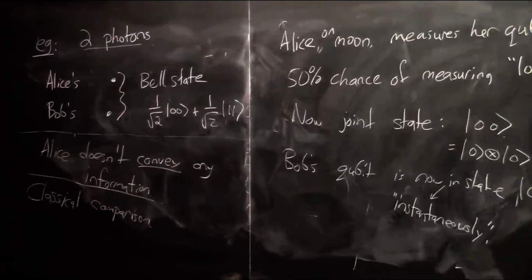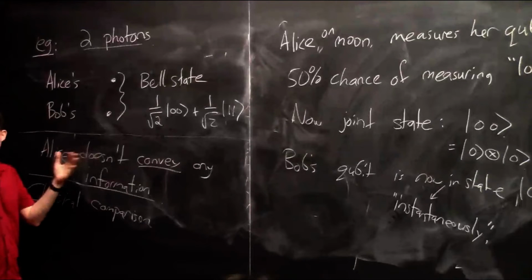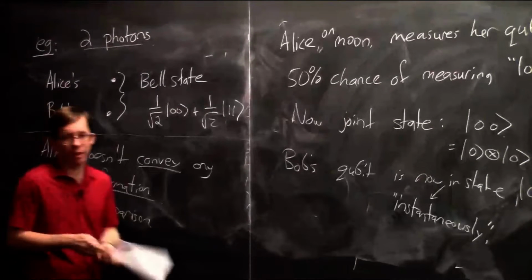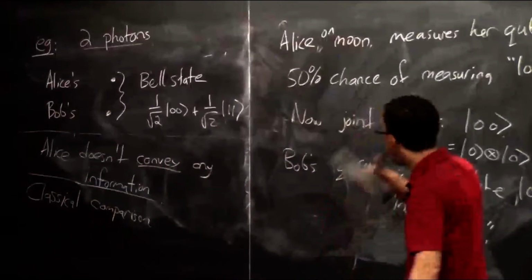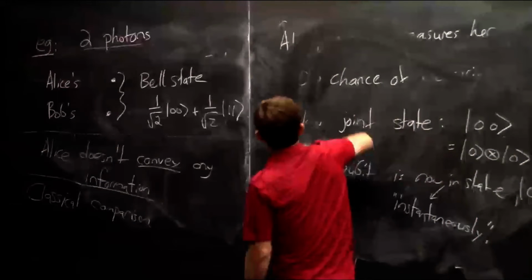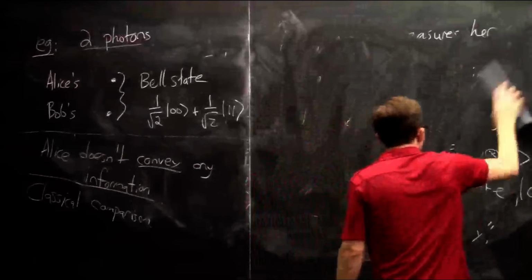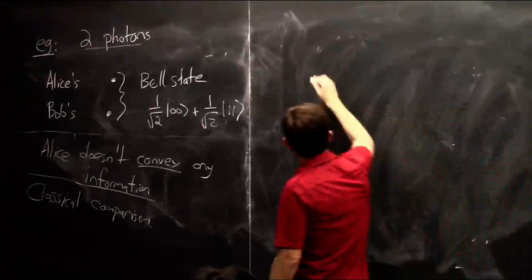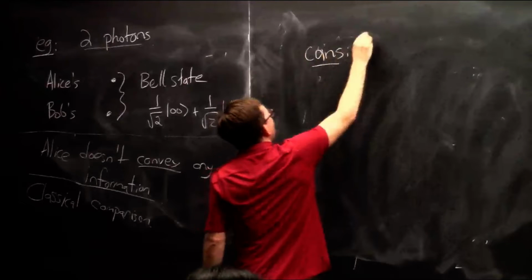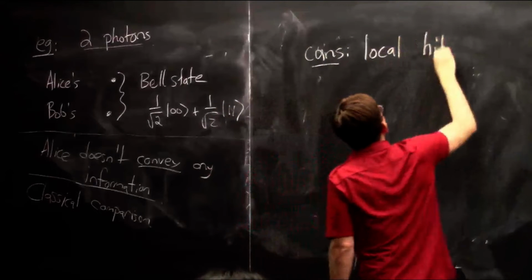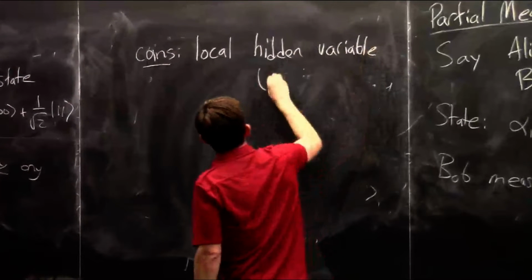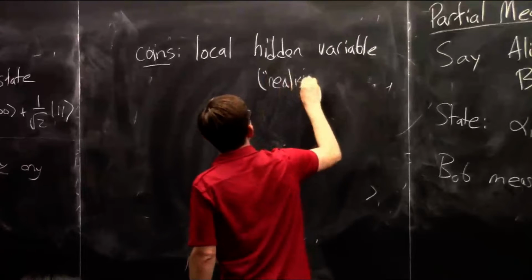So maybe if you compare it to that, then the situation doesn't look that strange. Now, actually, there is a difference between these two scenarios, which implies that the quantum situation actually is stranger, which is that the coins have a property which you might call a local hidden variable, or some local realism property.